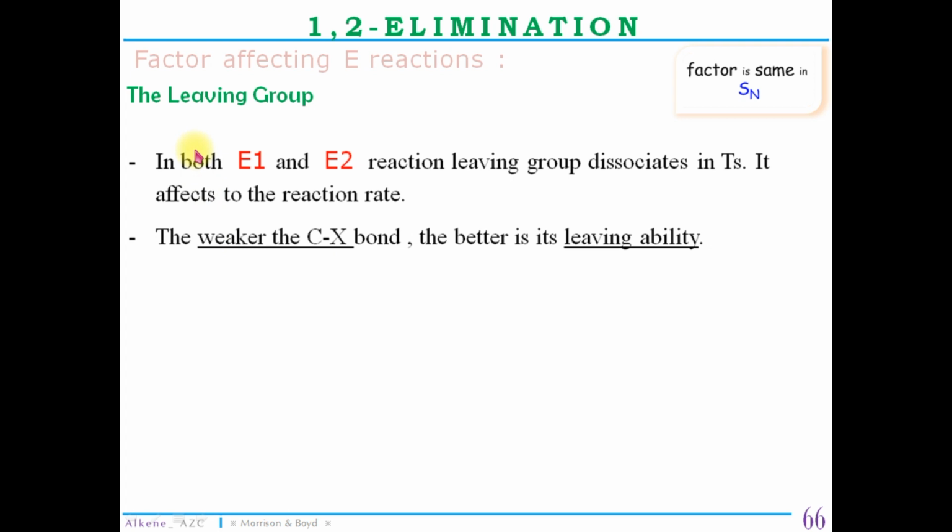Leaving group. In both E1 and E2 reactions, the leaving group dissociates in the transition state, so it affects the rate of reaction.